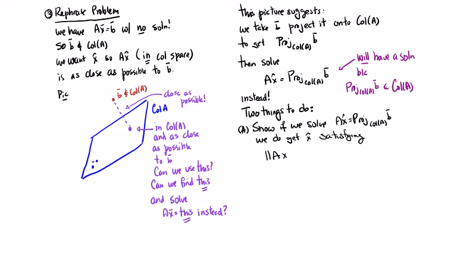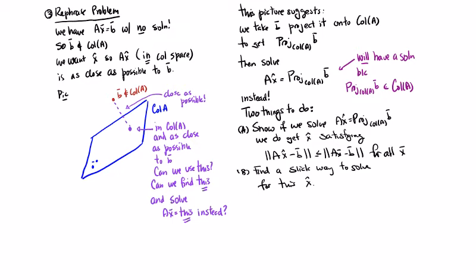In other words, the distance between Ax hat and b is less than or equal to the distance between Ax and b for all x. And the second thing we need to do, this is just for convenience's sake, is find an easier way of getting this x hat. Find a slick way to solve for this x hat.